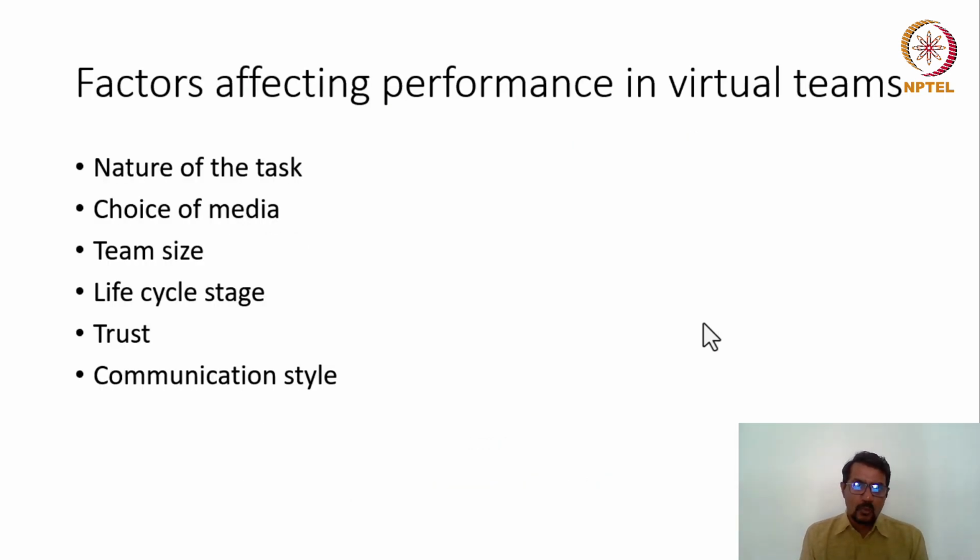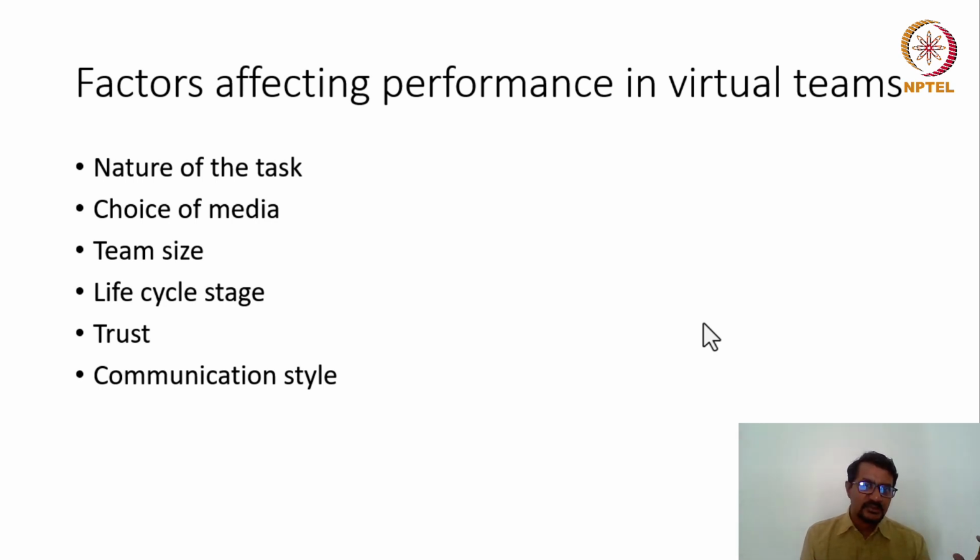We also looked at what are the factors which can influence the performance of virtual teams. I mean, these are not linear relationships. It's not like, okay, task will affect performance, choice of media will affect performance, team size will affect performance. These factors may also interact with each other. If the team is in a certain life cycle and the trust is high, then performance will be high.